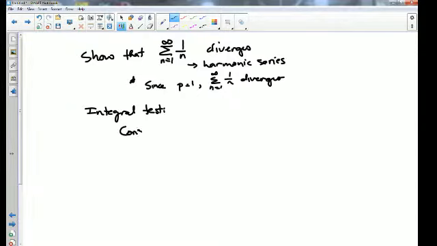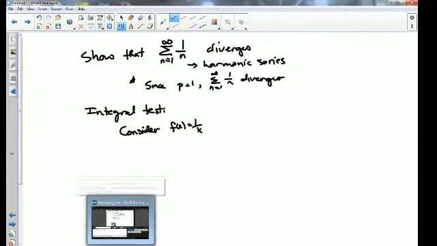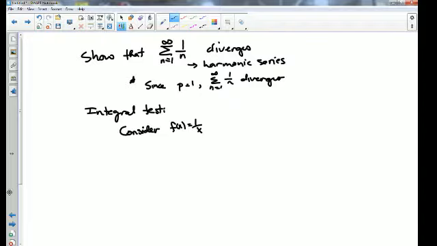Consider the function 1 over x, right? Is that function positive? Considering x is greater than or equal to 1, because that matches here, 1 to infinity, is that always positive? Yeah, it is.